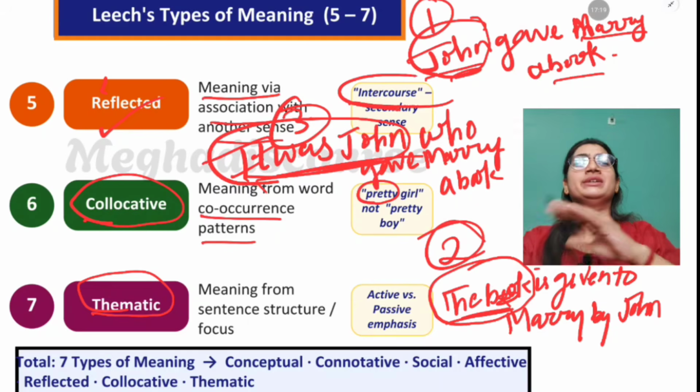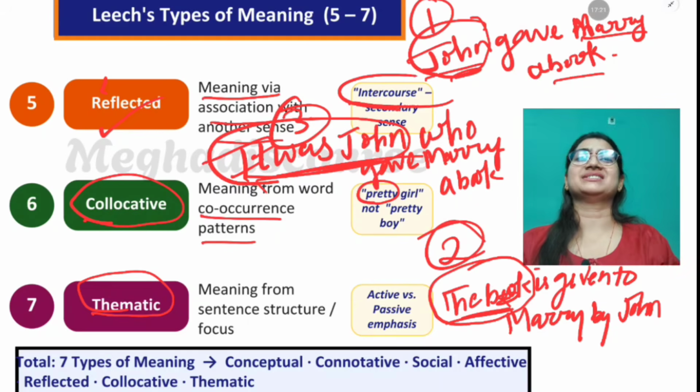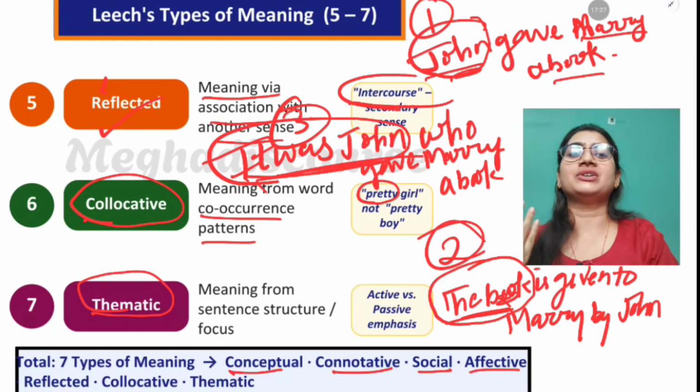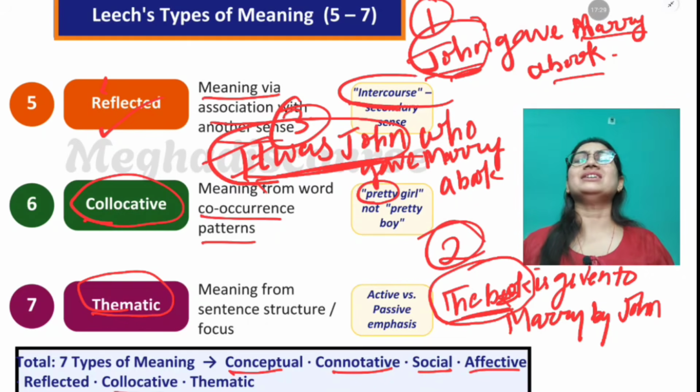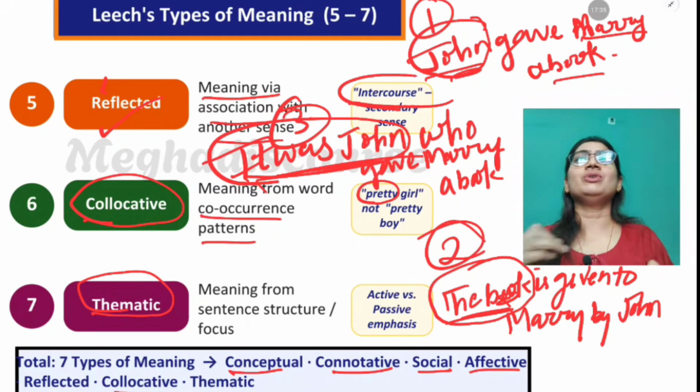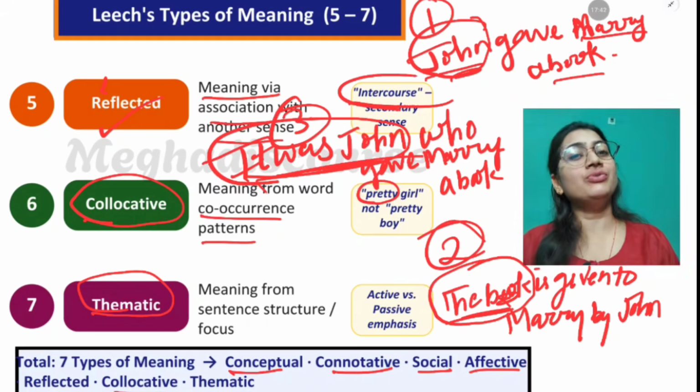So this is about Geoffrey Leech. He has given seven meanings: conceptual, connotative, social, affective, reflected, collocative and thematic. Just think about that. The examiner will not ask a direct question like "what is reflected meaning?" He will give you a statement, an assertion, or an example, and he will try to confuse you.